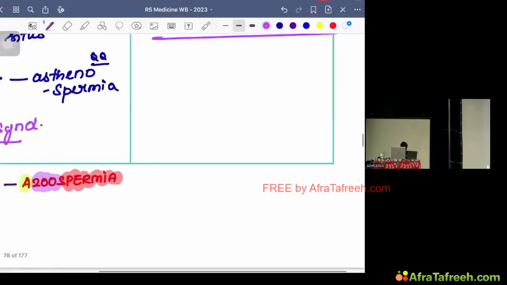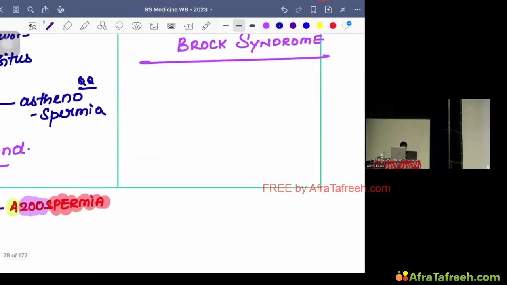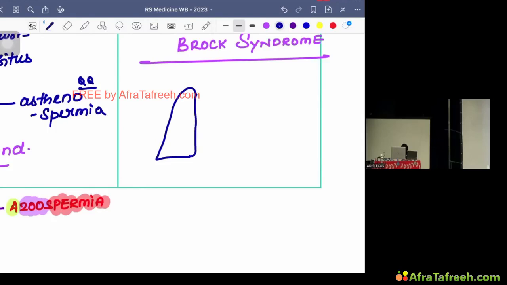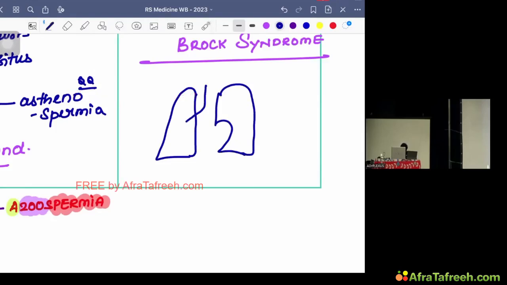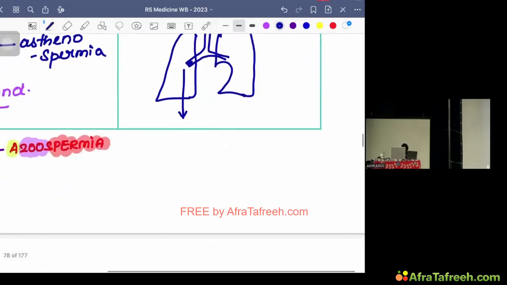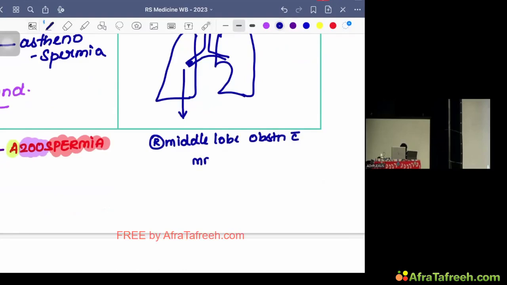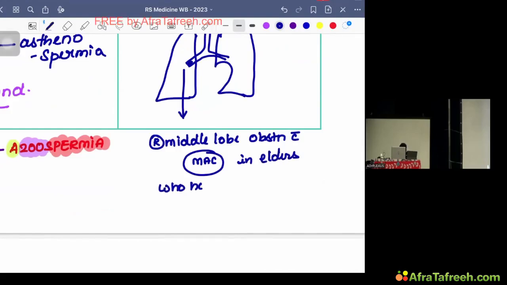Then next is another condition where the patient is going to have right middle lobe bronchiectasis and right middle lobe obstruction with MAC infection, Mycobacterium avium complex, especially in elders who have decreased clearance.